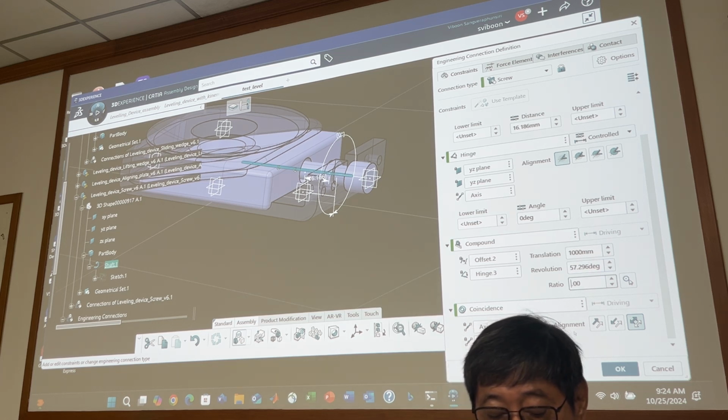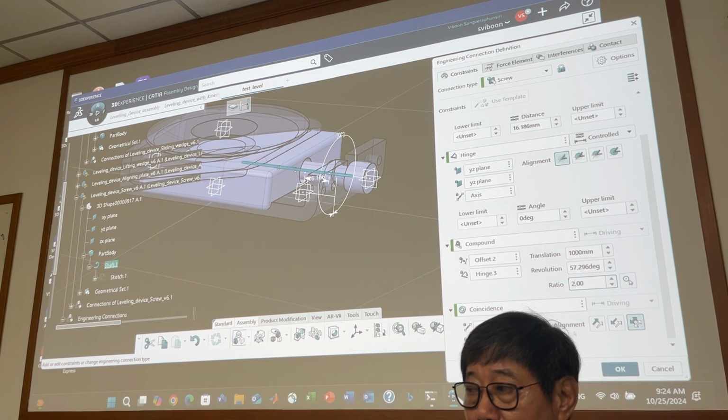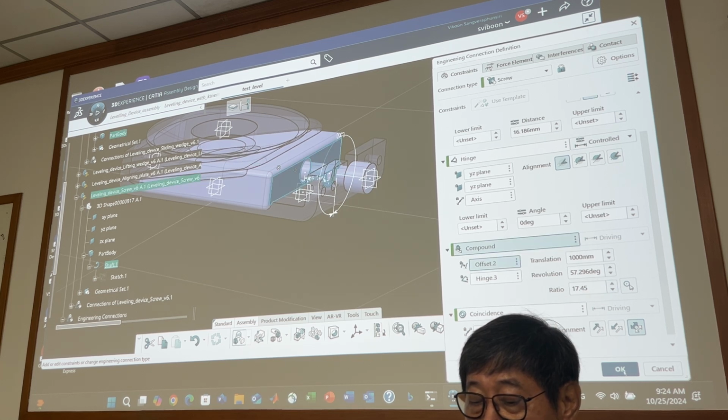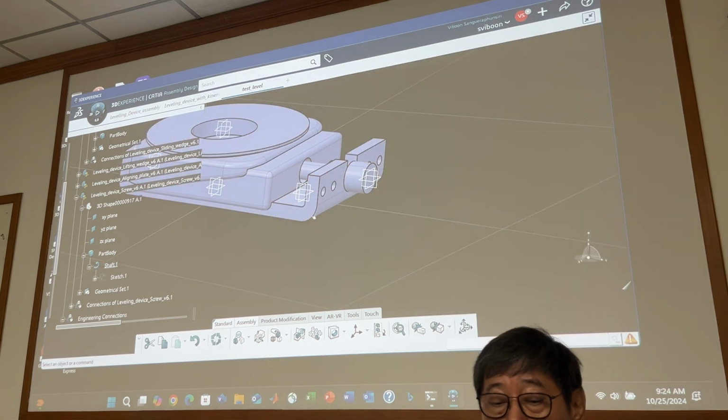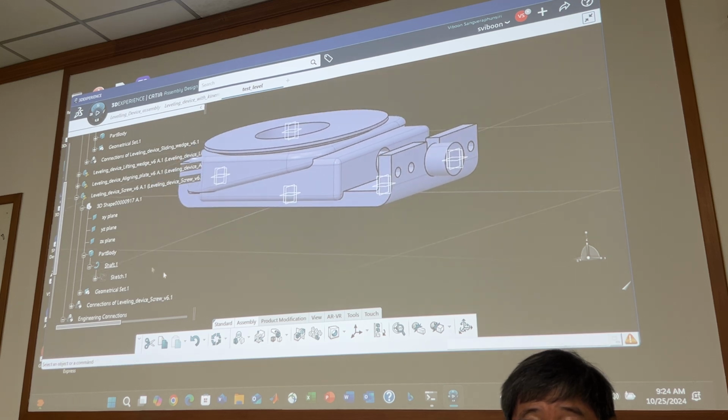Let's say ratio 2, it's like a pitch anyway. It's very small anyway. Let's see. Okay, yes, okay, so we have all that.